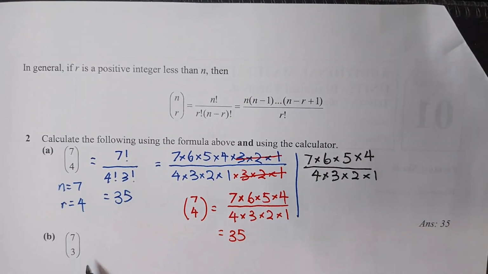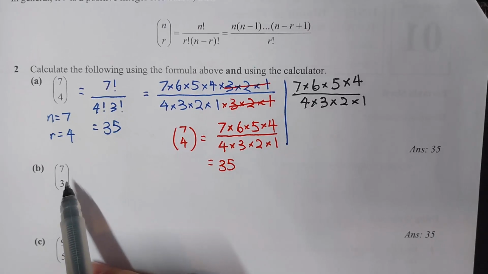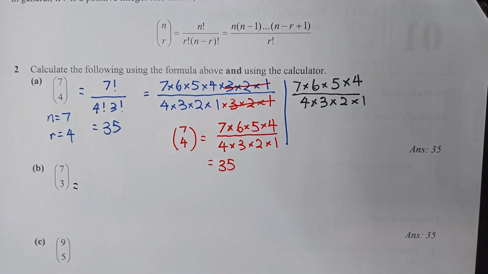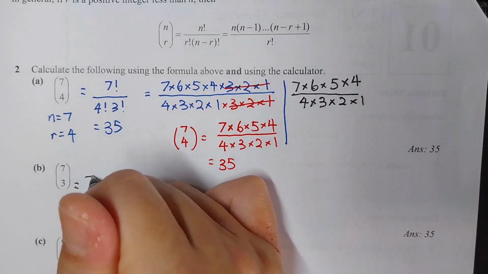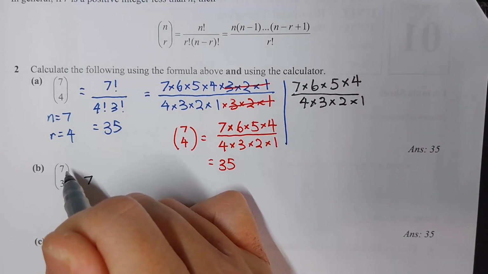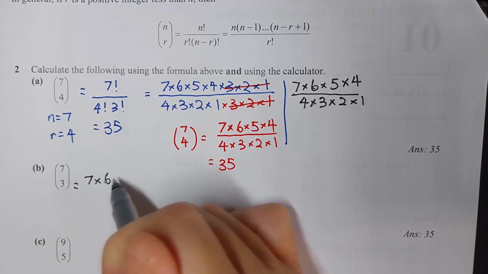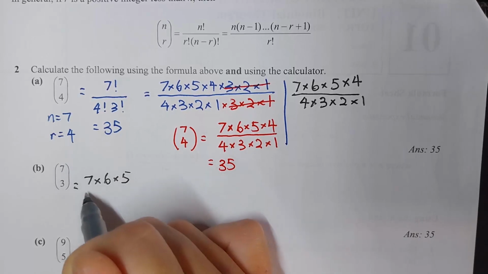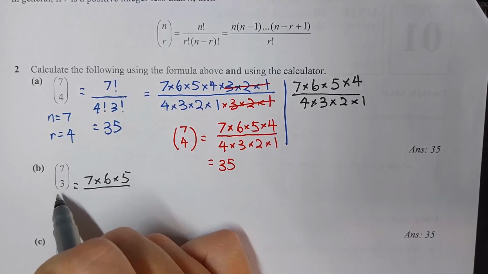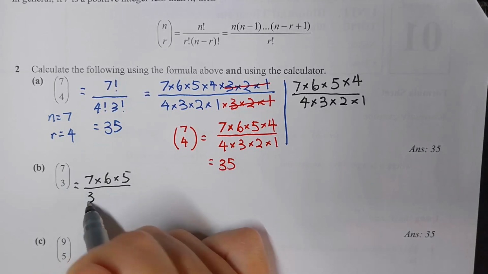Now let's try 7 choose 3 together. So we will use the easiest way that we have picked up just now, which is to start with the number 7 and go in descending order 3 times. So 1, 2, 3. Likewise, for the value of r here, we will also go in descending order 3 times, starting with the number 3.